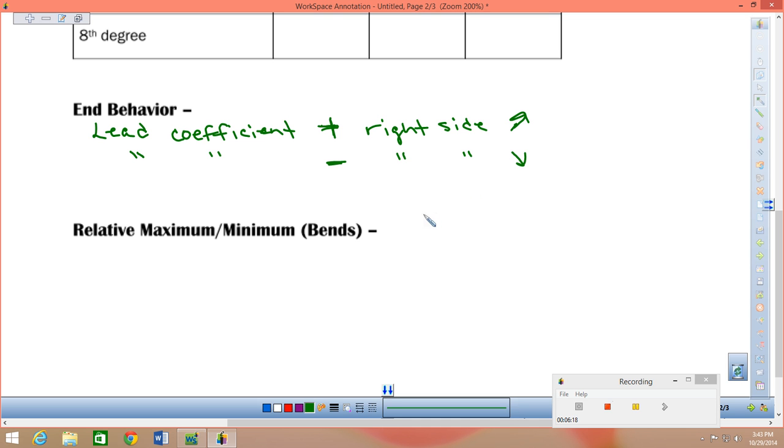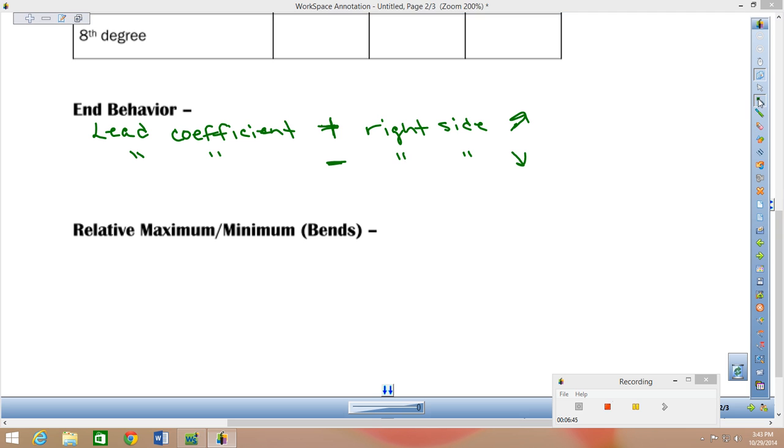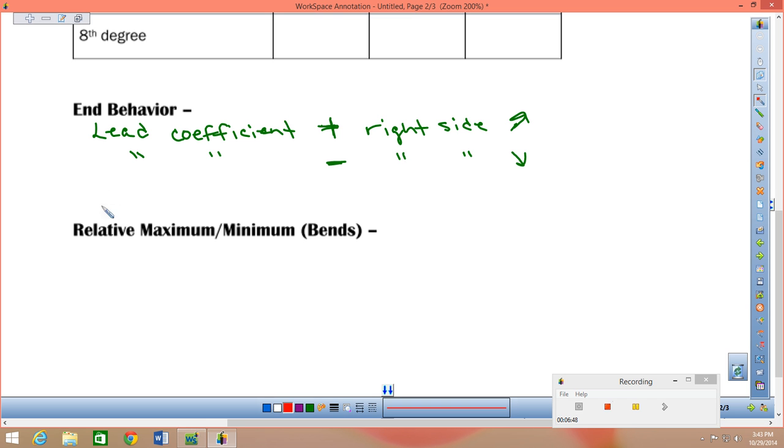Okay, the degree can help me to determine what's happening with the end behavior also. If I have an even degree polynomial, then I know that both ends, the right end and the left end, are going to point in the same direction.